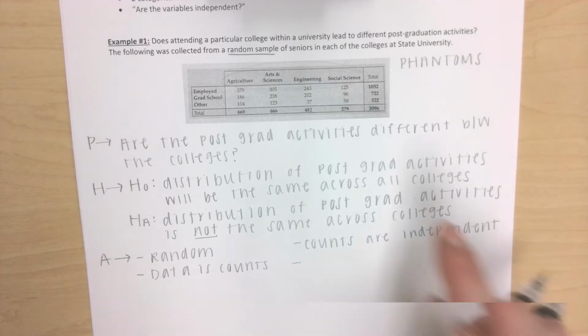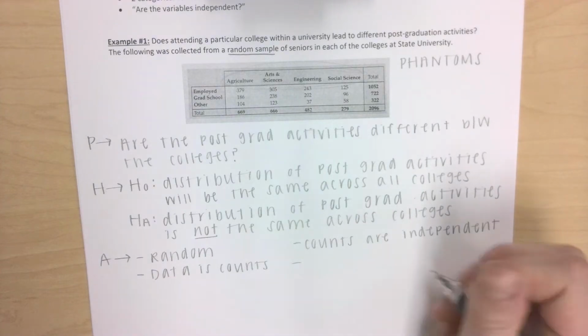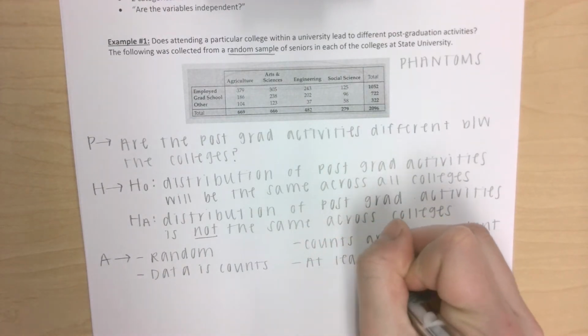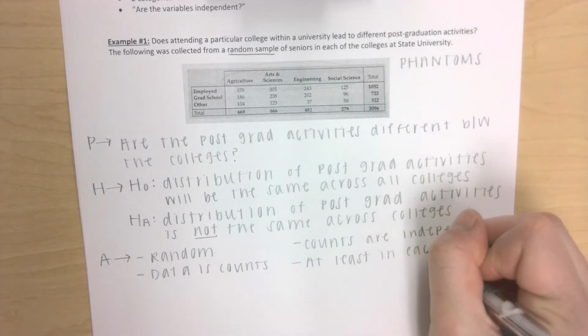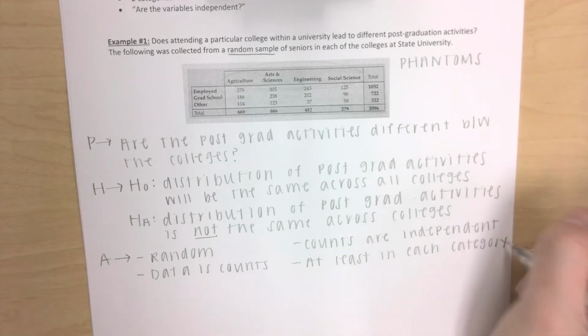My last condition is that I need to make sure I have at least 5 in each category. It looks like I definitely do there. So at least 5 in each category.